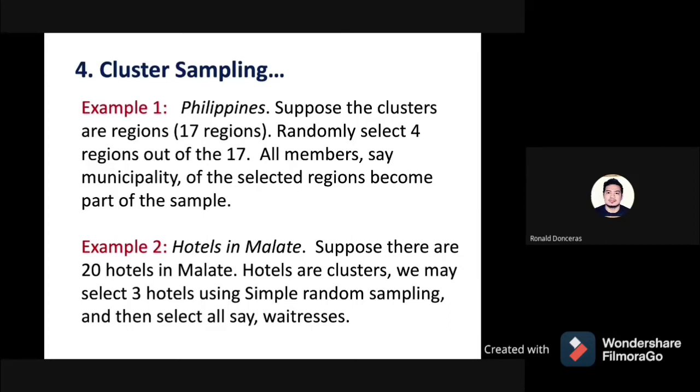So, at the moment, siguro, I don't know if tama ito, baka nagdagdagan na naman ng region. So, meron tayong 17 regions. Okay, based on the example na lang. I don't know the latest. So, yun. Sa inyo, sa Calabarzon region, so that's part of the 17 na yan. Now, randomly select 4 regions out of the 17 total regions. From there, all members, same municipality, of the selected regions become part of the sample. So that's how cluster sampling works.